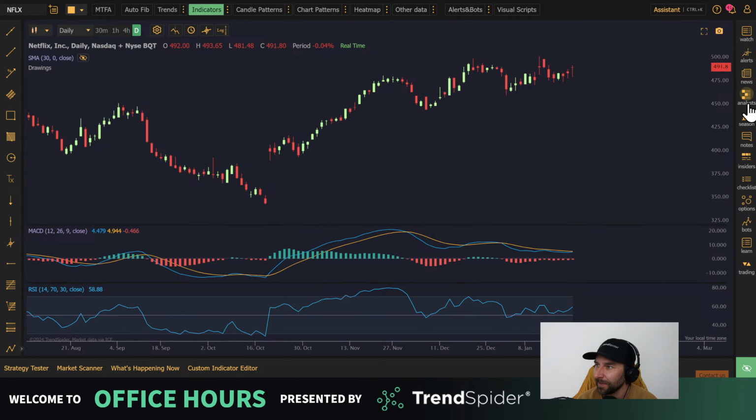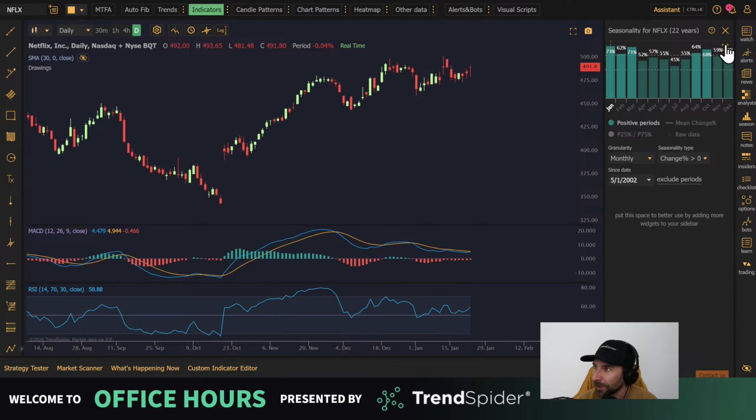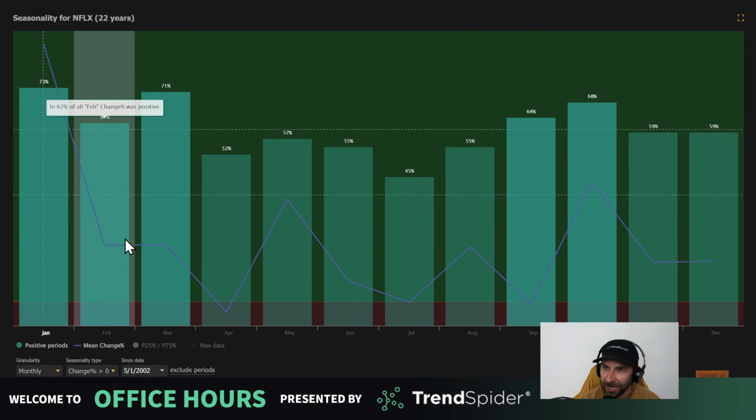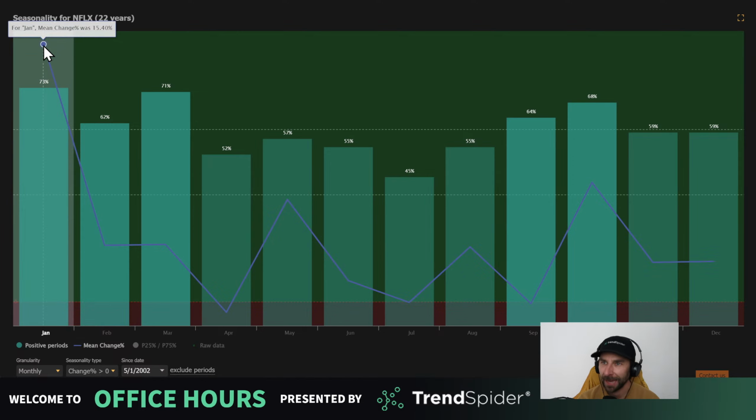Some alternative data to consider here. I thought seasonality was pretty darn interesting. Strongest performing month of the year historically for Netflix since 2002 is January. I think that's something pretty big. And then if we add mean change here, what do we get? Mean change on average in January is 15.4%.